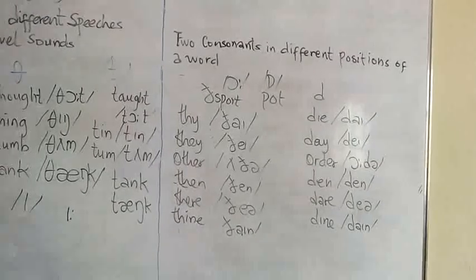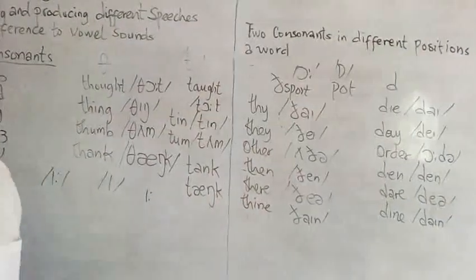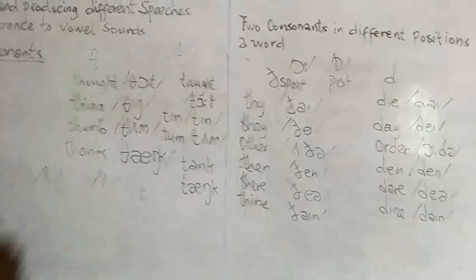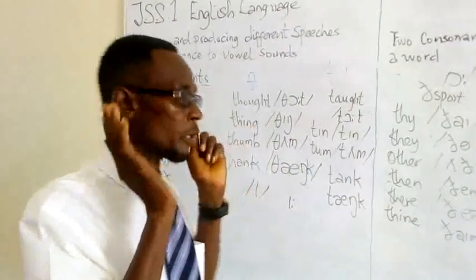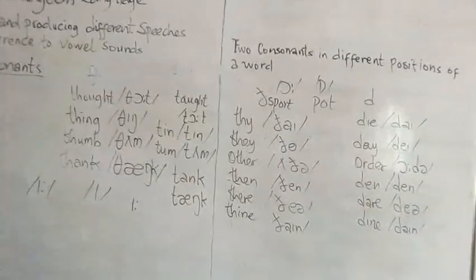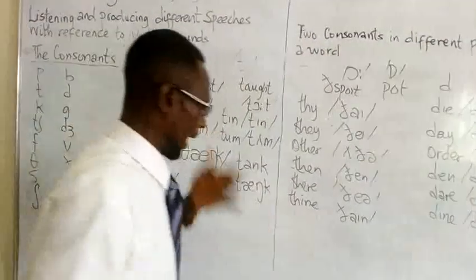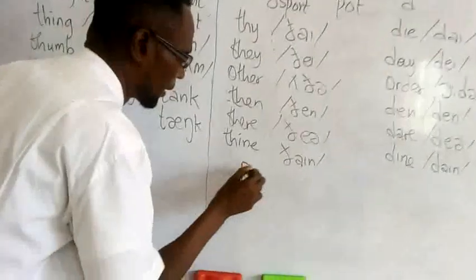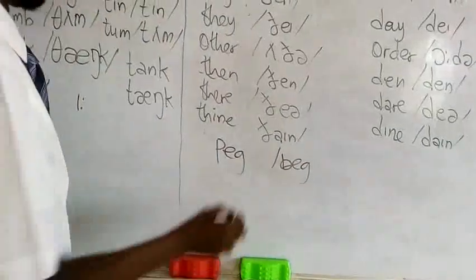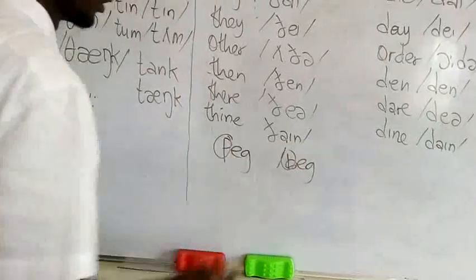Alright, now we have exhausted that. We now went into consonants. Those are speech sounds we make with some form of obstruction. So we looked at the P sound as in peg and beg. So these are the sounds.